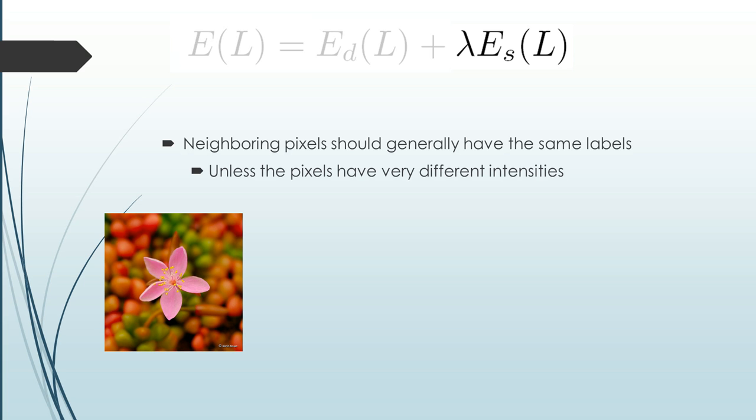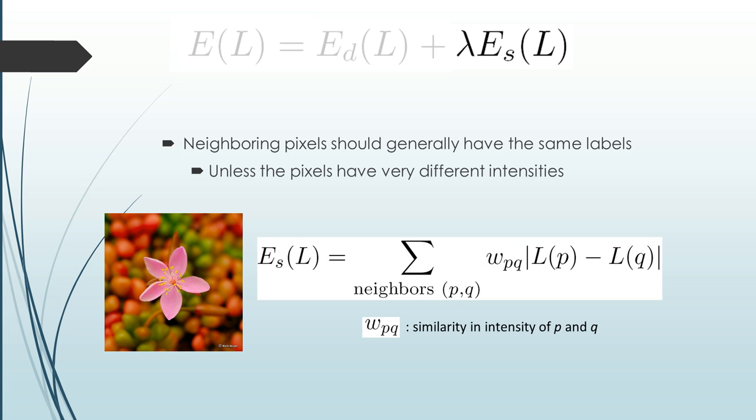For example, if we have a particular image, then we can calculate this smoothness cost based on the similarity of intensity of two particular points. Here the two points are P and Q, and we have a particular weight. This weight is multiplied by the absolute value of the difference of the labels of the two points. If we have two points that correspond to the same region of the image, in this case the same color, then we have quite a high weight for the similarity of intensity.